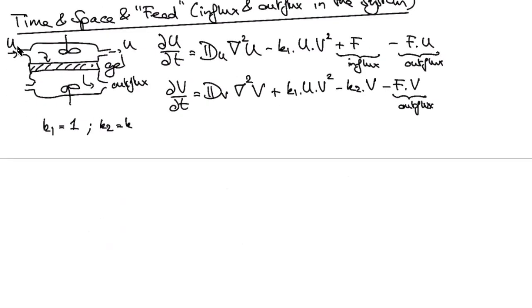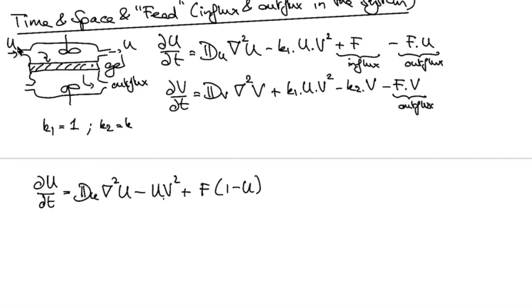Then the equations you will see in the textbooks would be du/dt is the diffusion term minus uv squared plus f(1 minus u), and dv/dt is the diffusion term plus u times v squared minus (f plus k) times v.